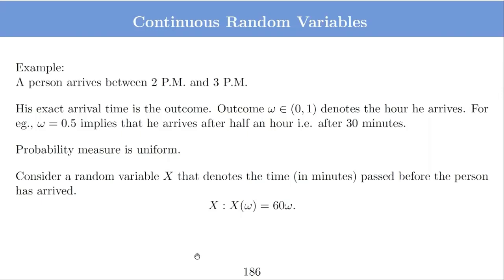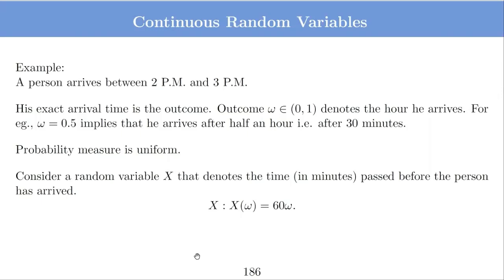So you can have two random variables on the same sample space and the same probability measure, one can be discrete and one can be continuous. So you need to know exactly the random variable before saying whether it's a continuous random variable or not.